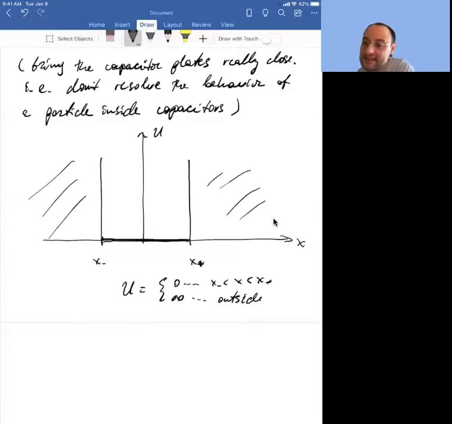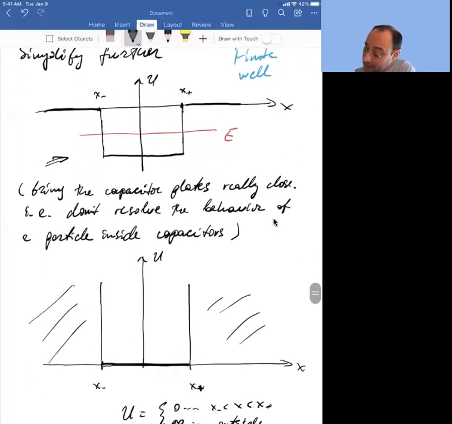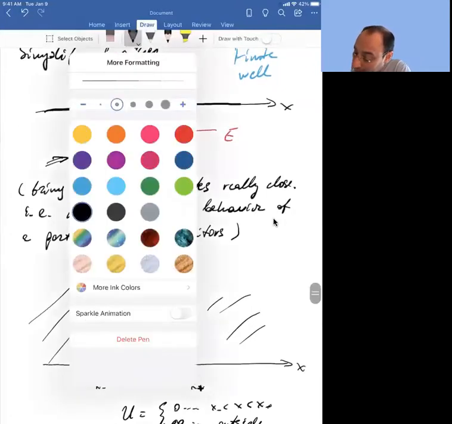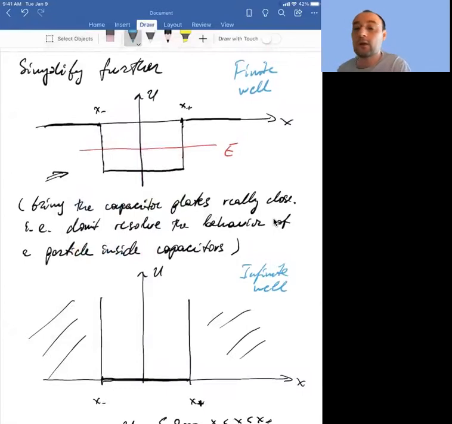The reason that this is simpler is because, quantum mechanically, this is simpler than this. So this is called an infinite well. The reason that the infinite well is simpler than the finite well quantum mechanically, although classically they're equally simple or equally difficult, is that the wave function is 0 outside.